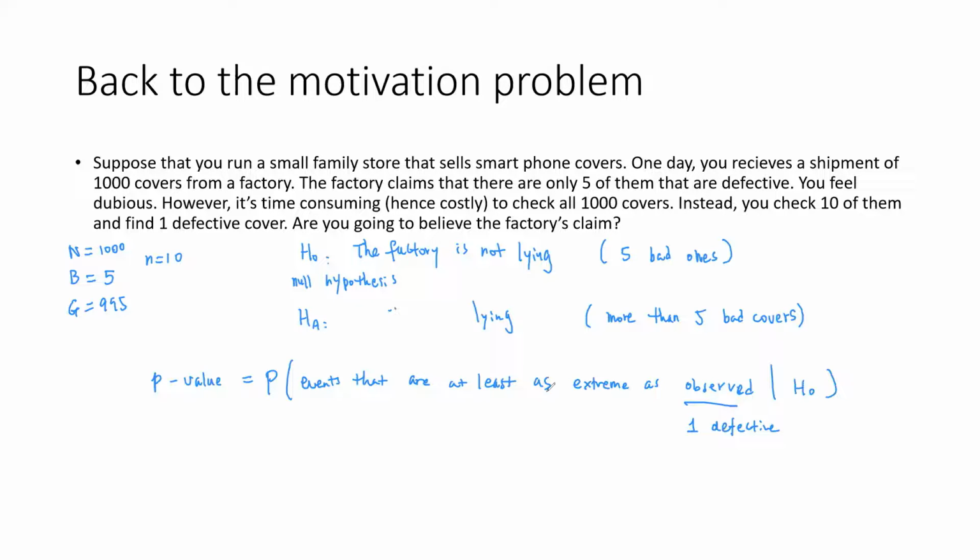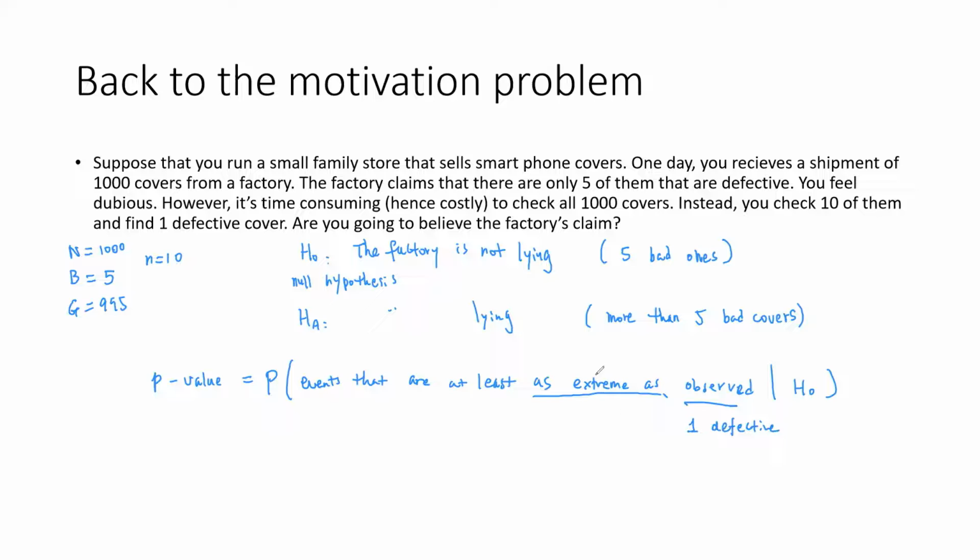Okay. Now, what does extreme mean? Extreme is to be convincing that the factory is lying. So it's against H0. For example, if you select 10 covers and you found 5 bad, that's kind of extreme because it's really against the factory's claim.